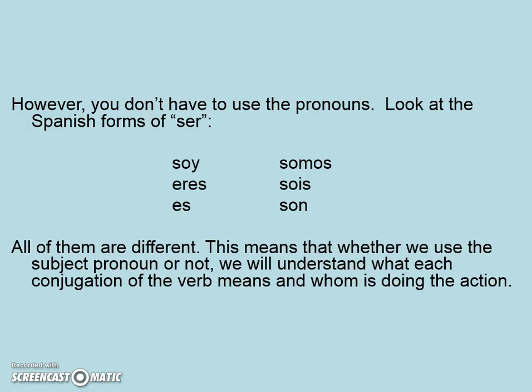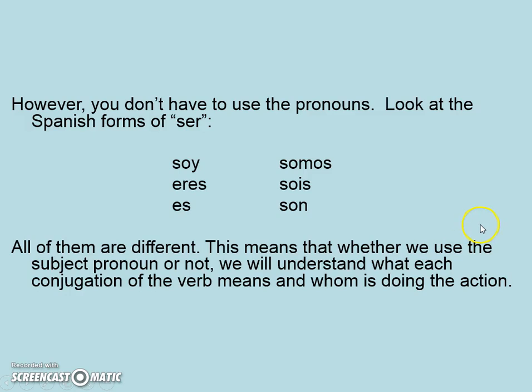This means that whether we use the subject pronoun or not, we will understand what each conjugation of the verb means and whom is doing the action, okay? So we don't even need yo right here to go with soy because we see that soy is different than all of the other ones. So if we just say soy, we're going to know that it means I am, okay? So we don't need the subject pronoun.